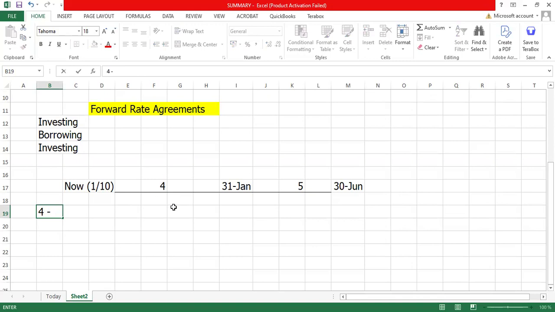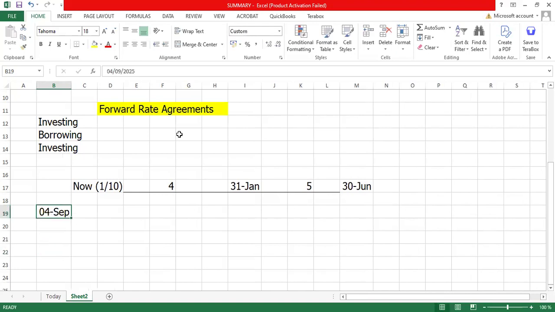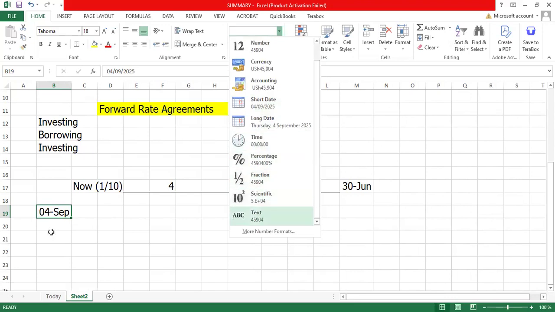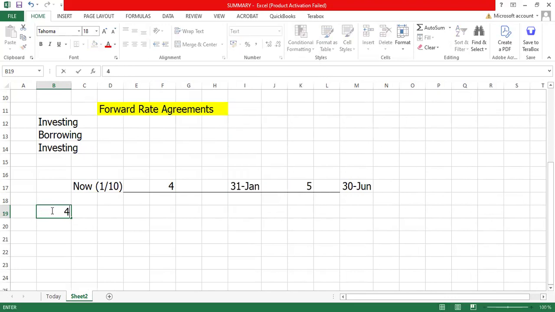This is the start period, then the end period. This 4 plus 5, you'll be in a position to get 9. Are we together? So the start is 4, then the end point is 9.